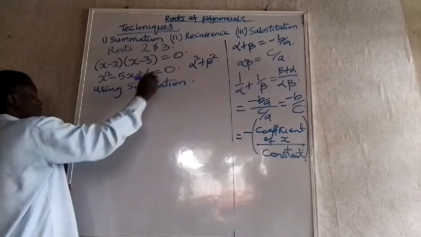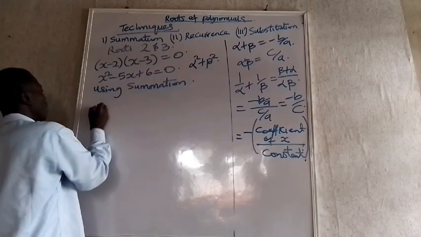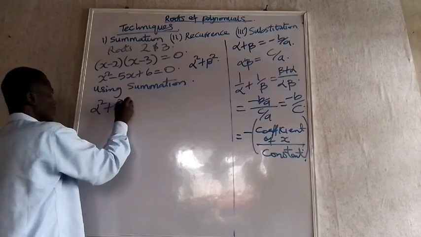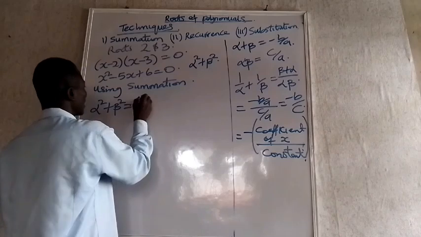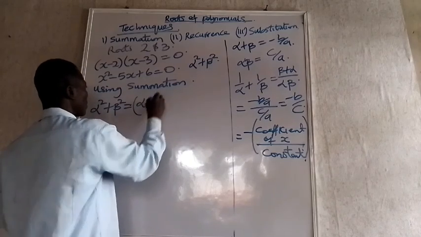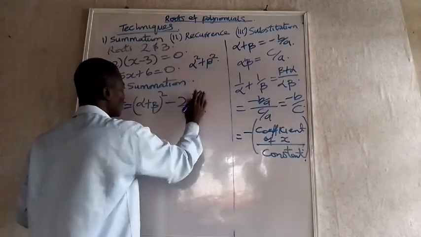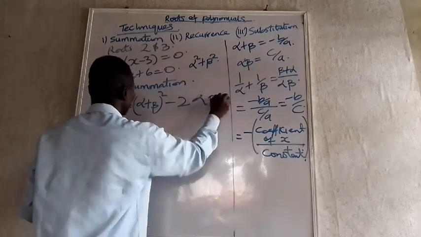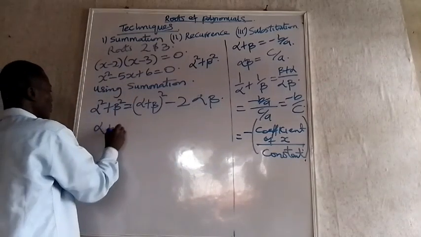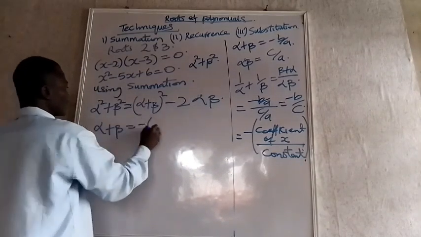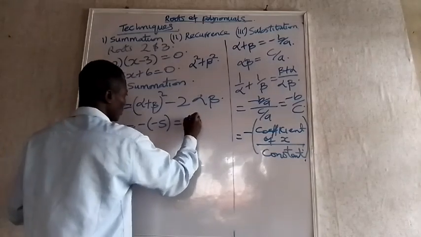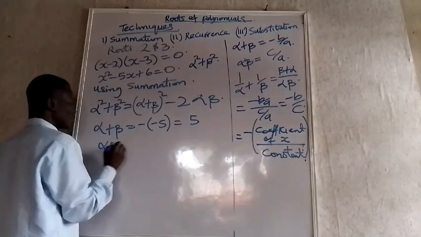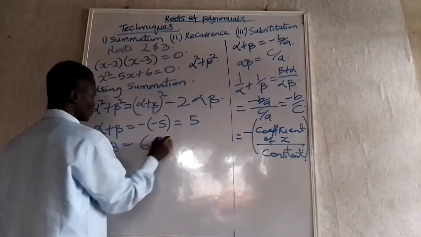We have discovered that alpha squared plus beta squared will be equal to (alpha plus beta) all squared minus 2 alpha beta. And we know that alpha plus beta is equal to 5, and alpha beta is equal to 6.